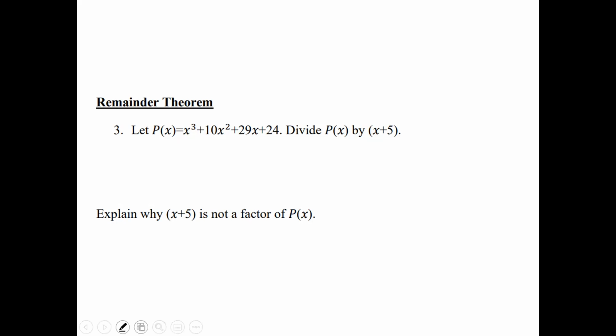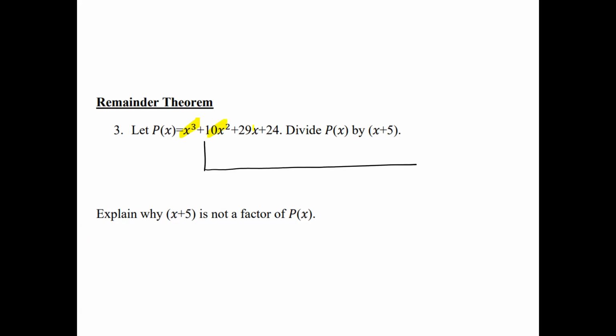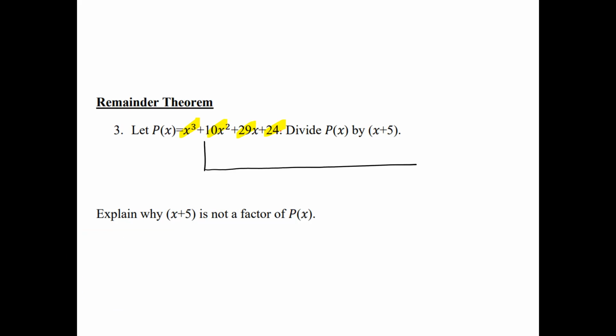So let's just go ahead and set it up. So we're going to have the bar right here. Then you're going to take the coefficients of these terms and ask yourself, are any of the x's missing? Do I need to put any zeros in there? And so far, I don't think so, because I see that there is a 1, then nothing. So my numbers are 1, 10, 29, and then 24.